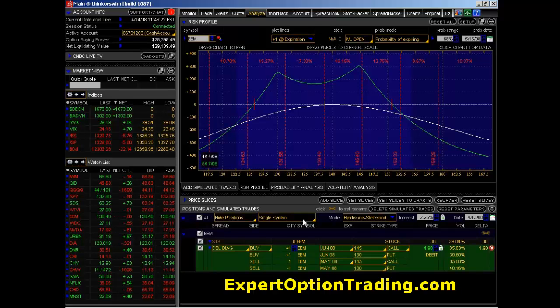But it's critical to understand adjustments, because if the price gets very quickly to our upper side of our break-even points, up to around the 150, 151 level, then we need to do some adjustments. Or if it goes down to our 125, 126 level, we need to do some adjustments there as well. But this is how we set up our initial position.